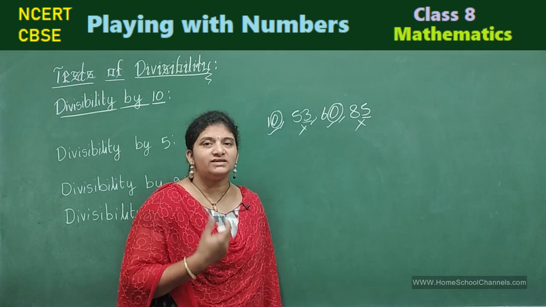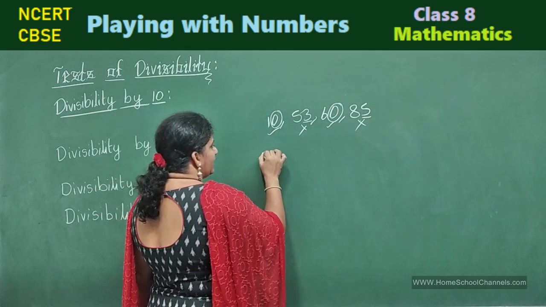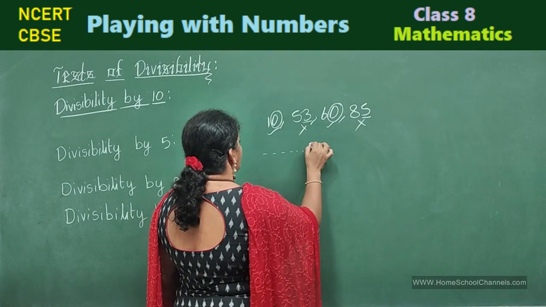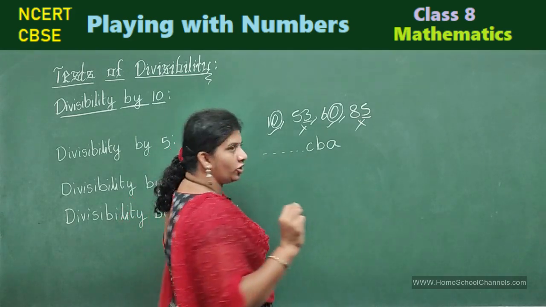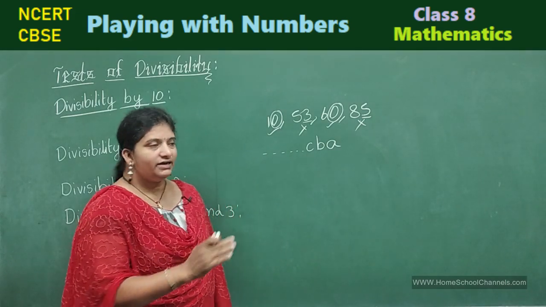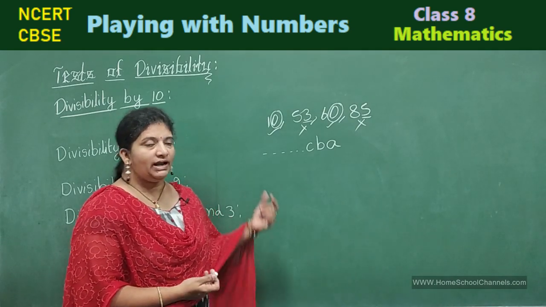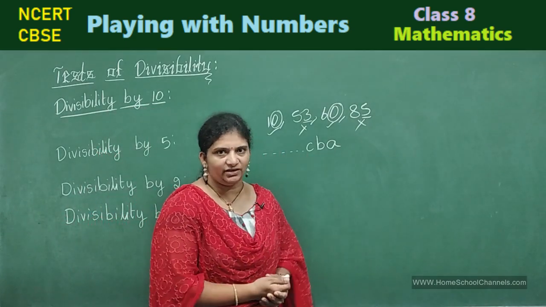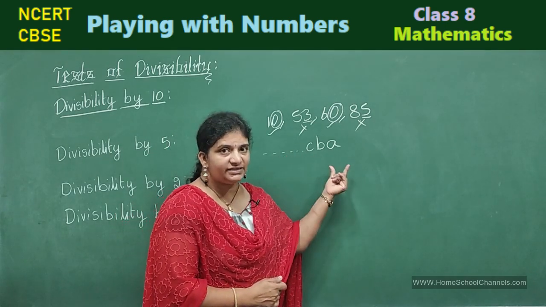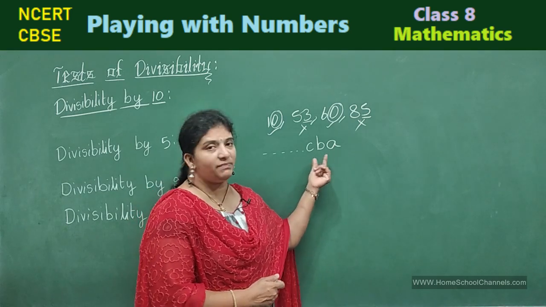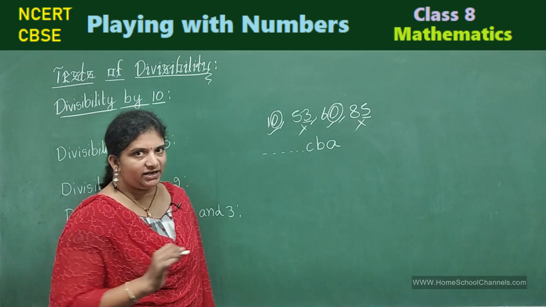Let us see what is the rule behind it. Suppose I consider a number ...CBA. Observe here, it indicates that we don't know how many digits this number has, but I have written the last 3 digits, A, B, C. To understand this, you should know the place value.